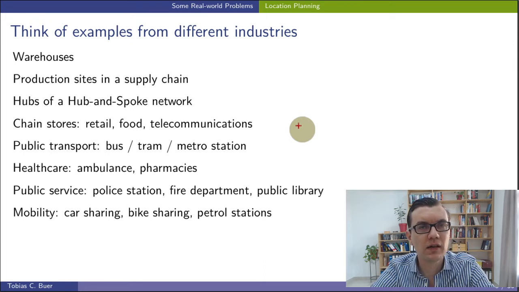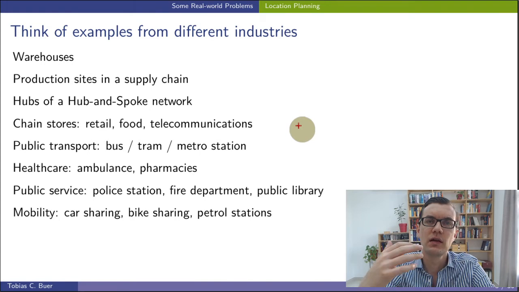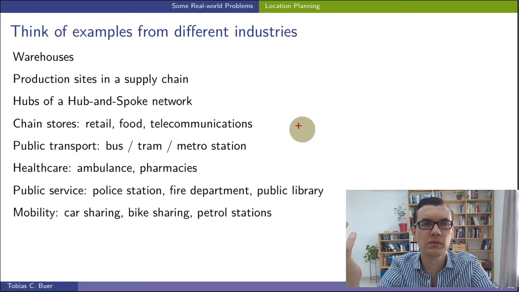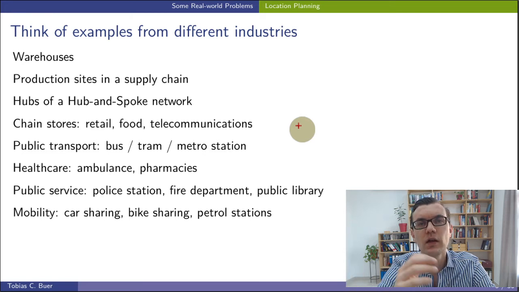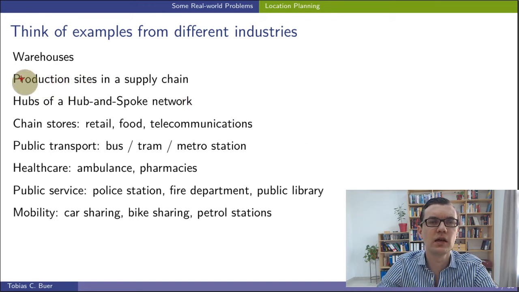If you're an integrated oil and gas manufacturer like PDO, where should you place your warehouses that provide the materials and the equipment to support your oil extraction projects? So when you operate a warehouse, of course, you have to take a location decision. We discussed the production sites in a supply chain as an example by the automotive industry.